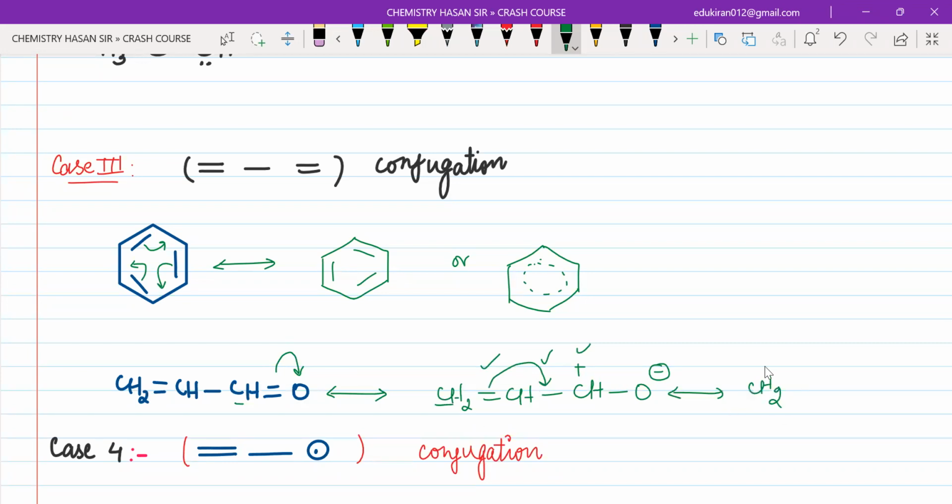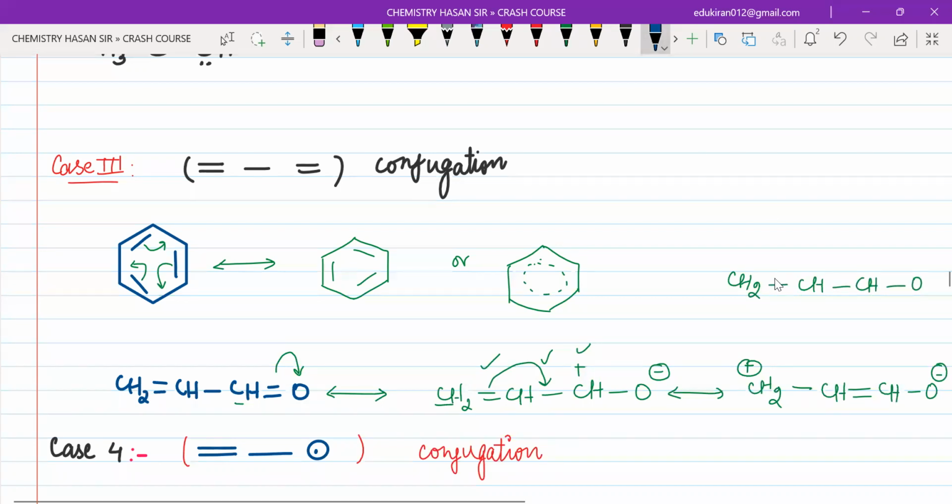And since this carbon donated electron, it will have positive charge and then CH, double bond, CH, and then O negative. And if you want to draw the resonance hybrid, you just need to show the sigma bond, rest part will be as it is. First, the double bond was here, then comes here, and there was also a double bond. There was delta negative, then there was delta positive, and then here is delta positive. So this is your resonance hybrid.